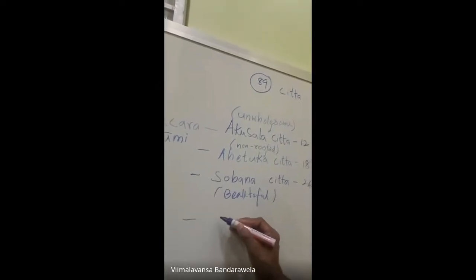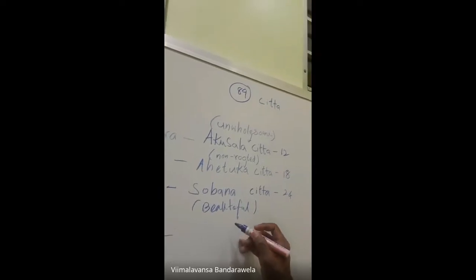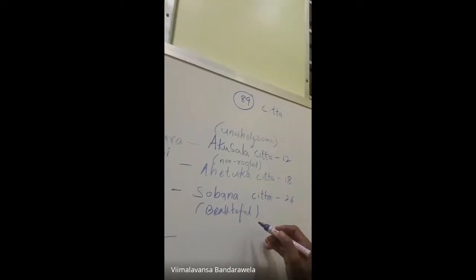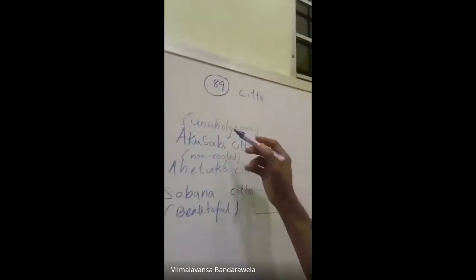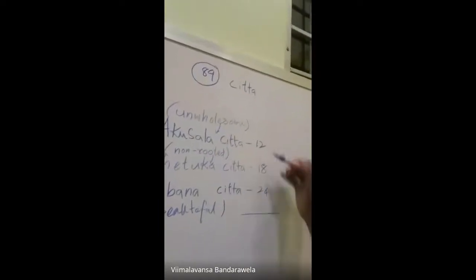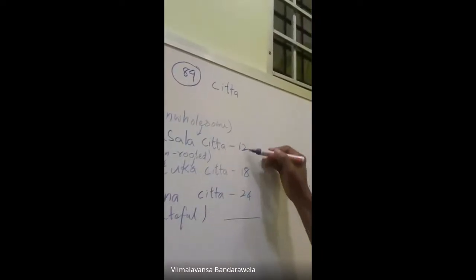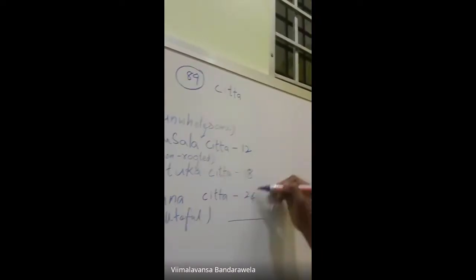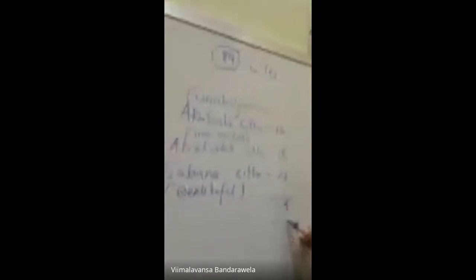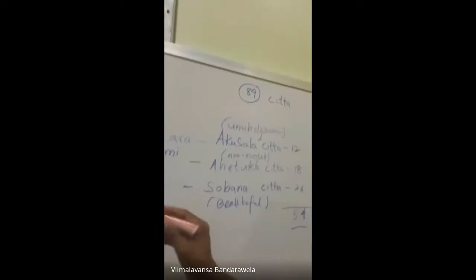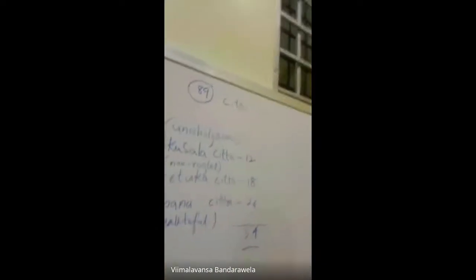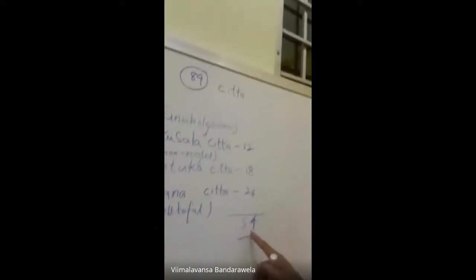These are what you have in the Kamavachara plane. Then how many? 54 consciousness for the Kamavachara bhumi. That means in the sensual realm you have 54 consciousness.